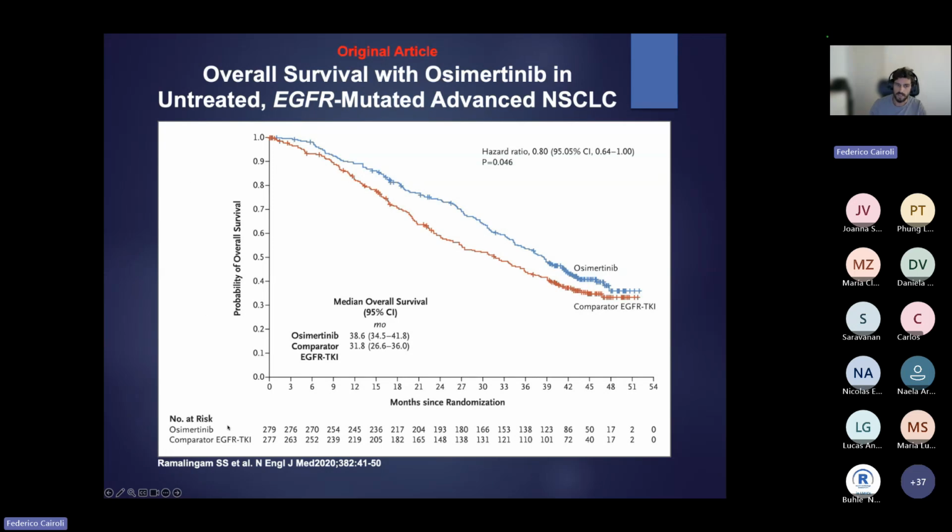And usually in these survival curves, in these clinical trials, you're going to find the number of patients at risk. You can see that, for example, in the treatment arm, the clinical trial started with 279, while the comparator started with 277.